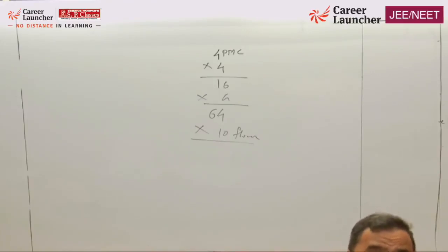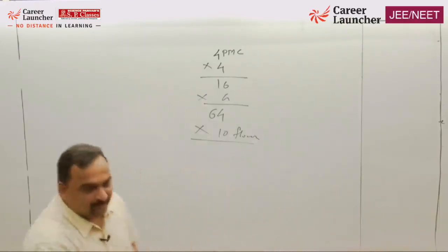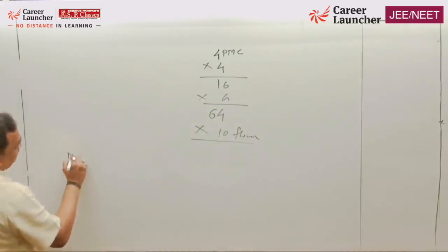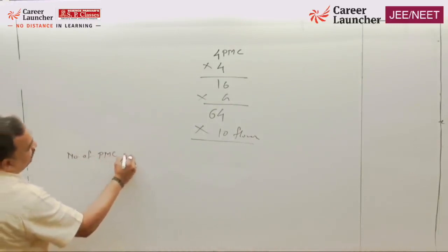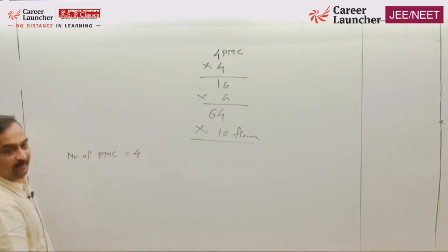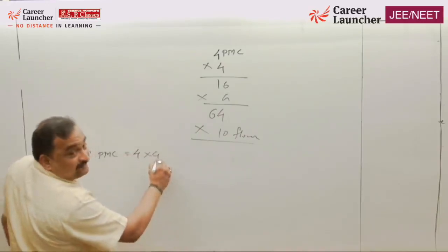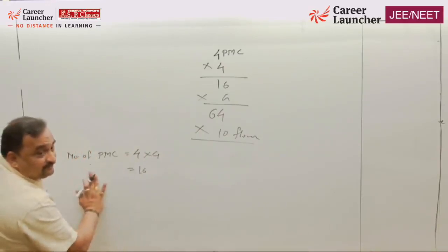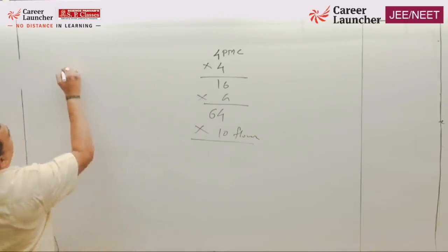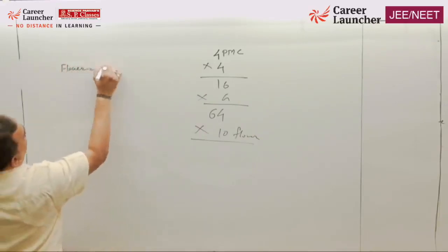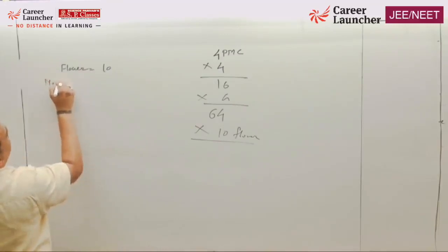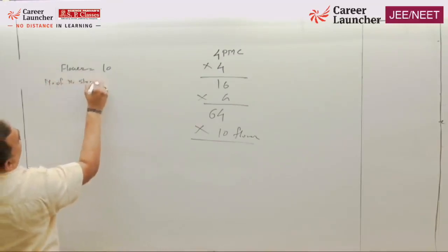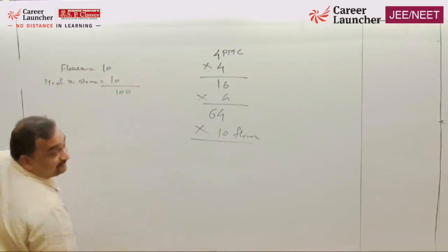Because it contains 9 plus 1 arrangement. So the part which was missing was the number of stamens. So see, first the number of PMCs. Number of PMCs is 4. They will undergo meiosis, meaning 4, so this comes to 16. So this is going to be the number of PMCs. Number of flowers is 10. Number of stamens in each flower is 10. So this becomes 100.